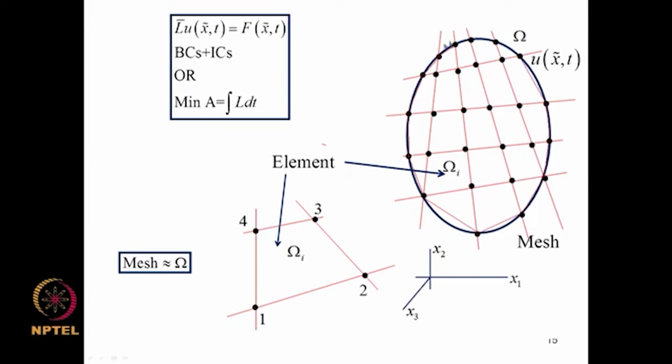What we did was the domain of interest was partitioned as shown here, and the field variable at these points, known as nodes, was taken as generalized coordinates. In these subdomains, which are known as elements, the field variable within an element was interpolated in terms of these nodal values using polynomials.